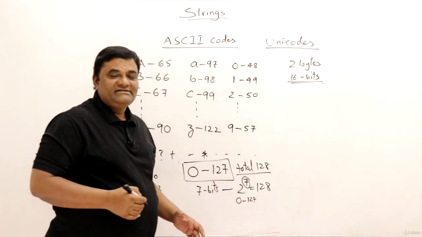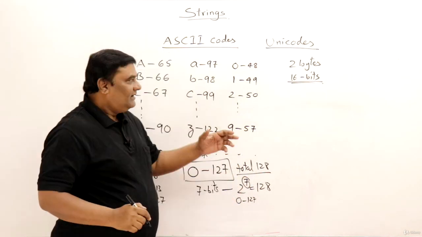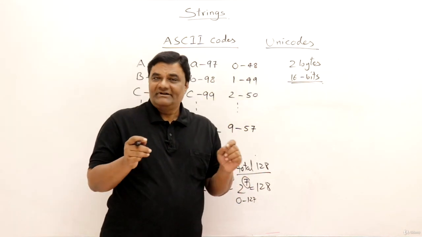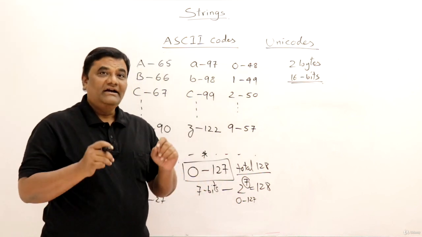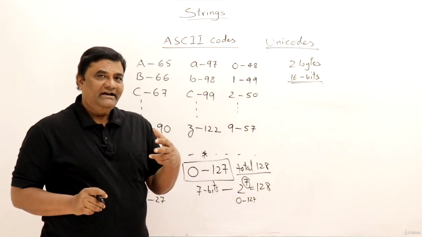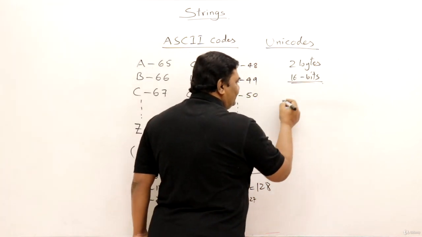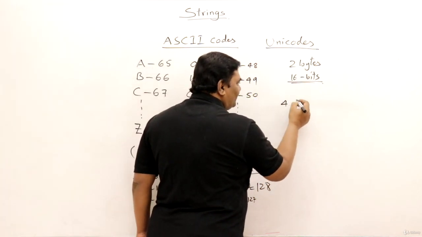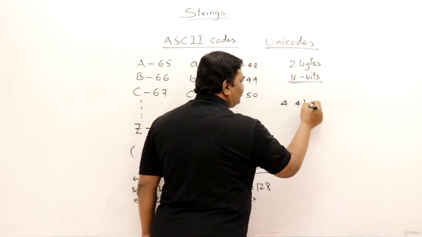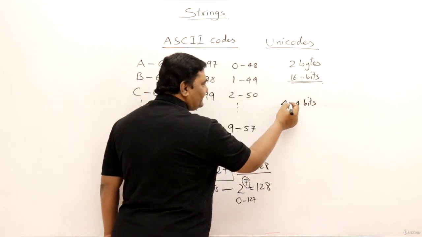Right? Because it is supporting all natural languages, these 16 bits can be represented in the form of hexadecimal codes. Hexadecimal digits are represented in 4 bits each, so 4 times 4 is 16.